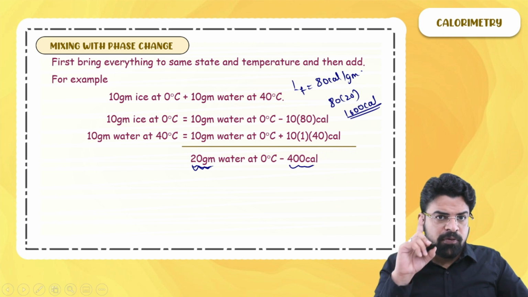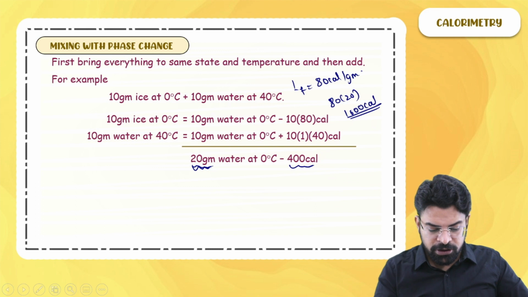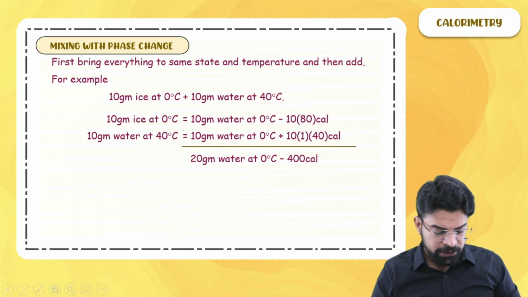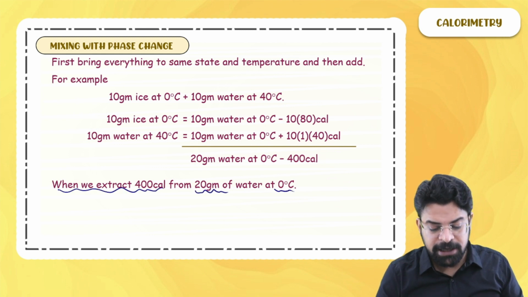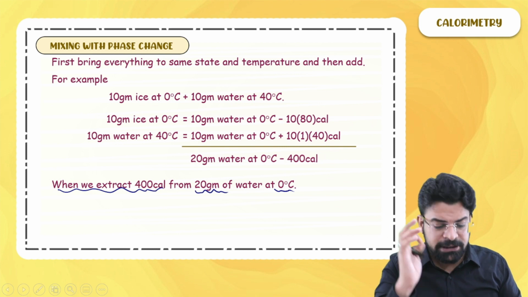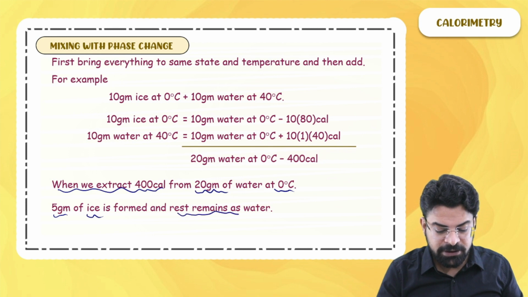So only 1/4 of the mass of this water will convert into ice. So you will get 5 gram ice and the remaining will be water at 0. When we extract 400 calorie from 20 gram of water at 0, some part of the water converts into ice. So 5 gram of ice is formed and the rest remains as water.